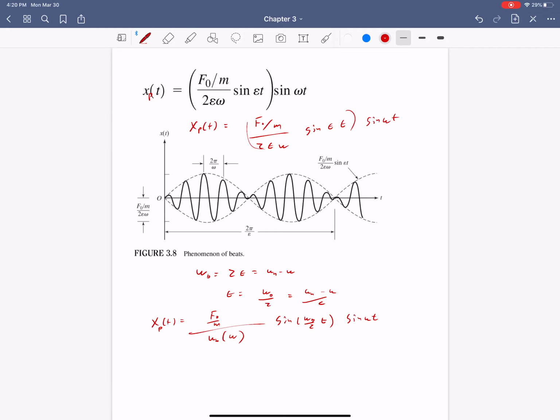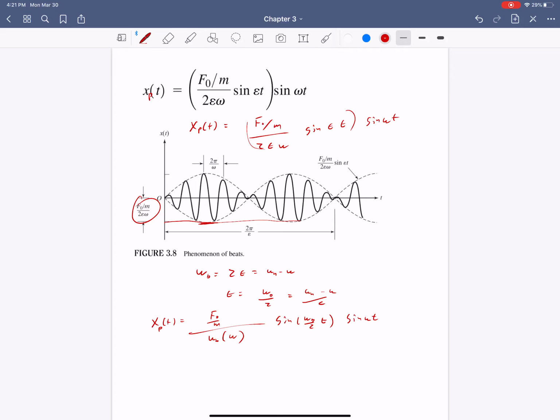So what we see, okay, if we plot that, this maximum displacement that it could ever possibly be is going to be f naught over m 2 epsilon omega, or f naught over m omega b omega, okay?